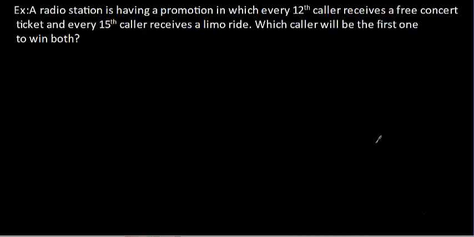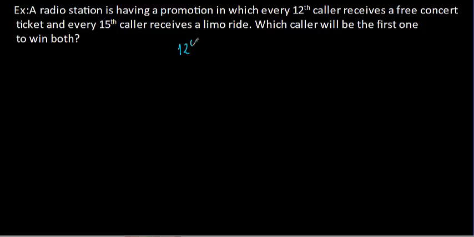This is the second word problem about the least common multiple and greatest common factor. A radio station is having a promotion: the 12th caller gets a free concert ticket, the 15th caller gets a limo, right? So which caller will get both of them? Firstly, I want to explain who will get this free ticket.